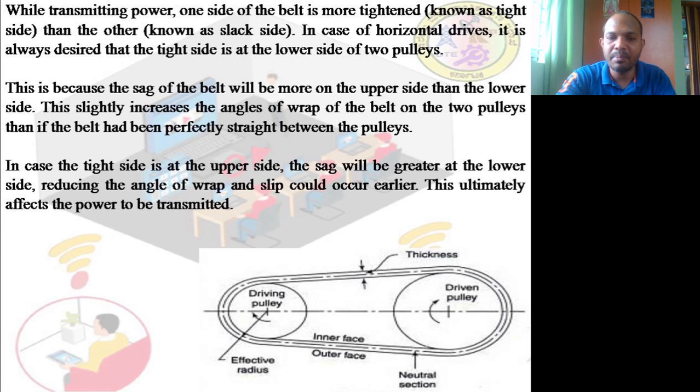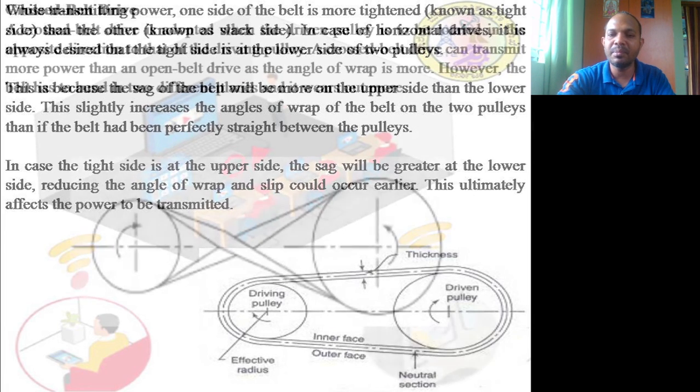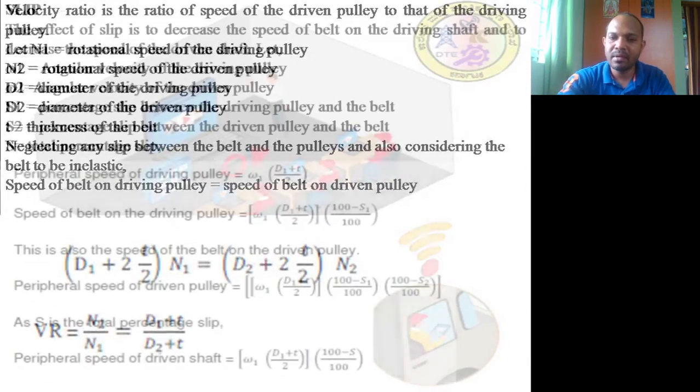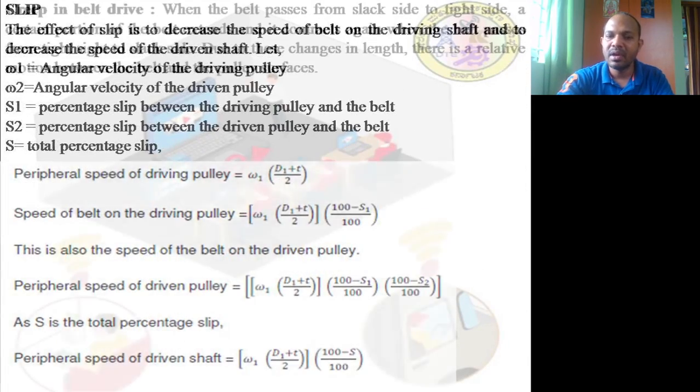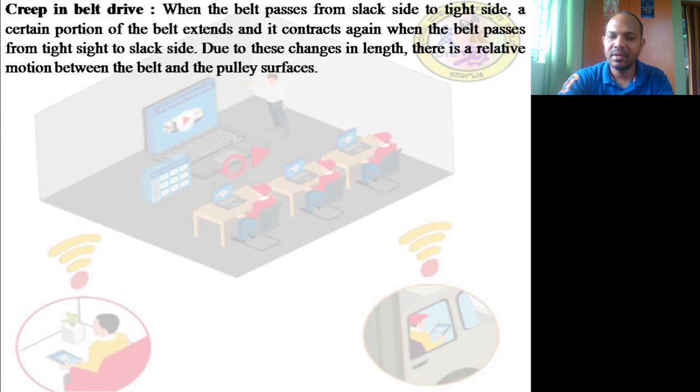That is what happens as a creep. So the material experiences both tension as well as normal stresses. That leads to variation in the forces or the pressure existing on the belts. That is what we call a creep.